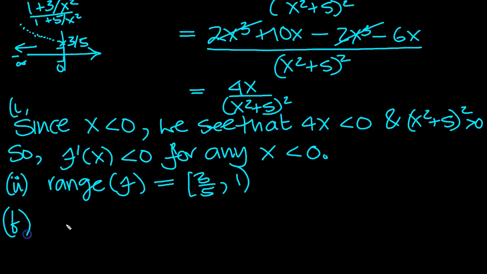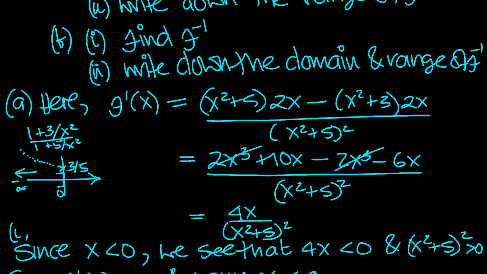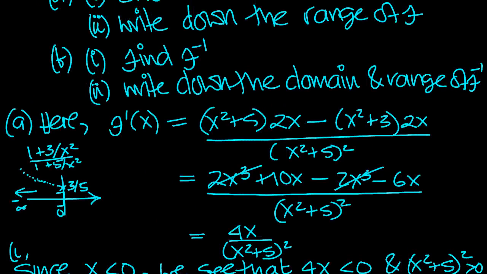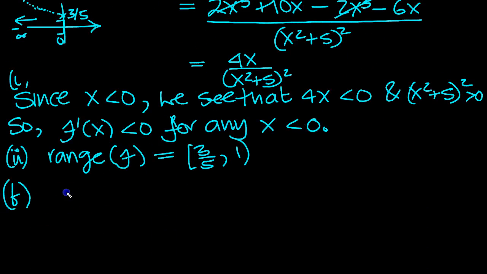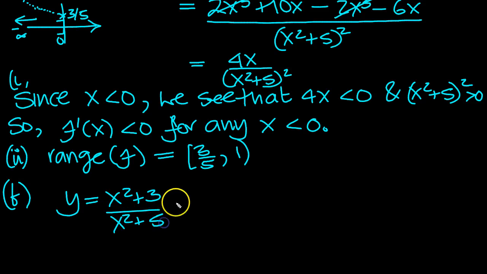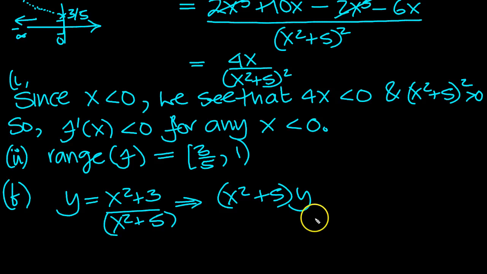Part B. So find f to the minus 1 of this function. So f of x then, we can label it y equals x squared plus 3 over x squared plus 5. Let's move this object here up to the other side. x squared plus 5 times y equals x squared plus 3.